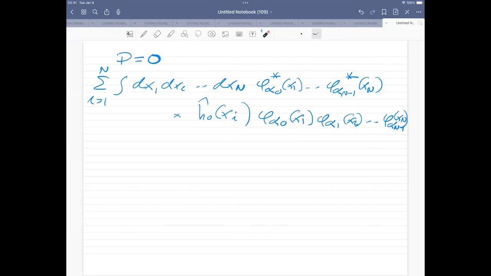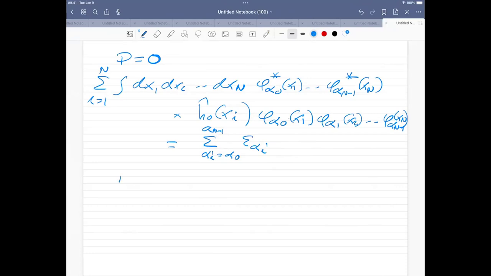It's pretty obvious that this should give us just a sum from alpha i equal alpha 0 up to alpha n minus 1 of epsilon alpha i. So this is the no permutation case.